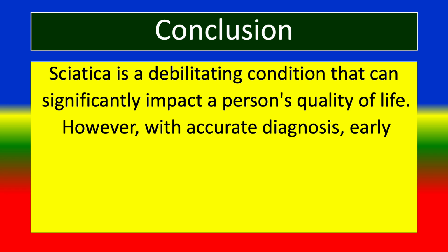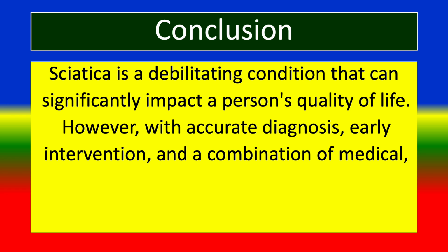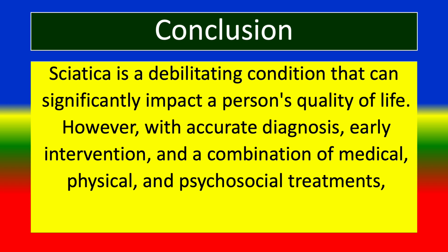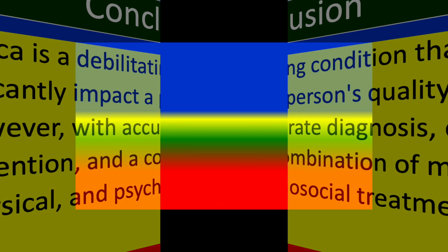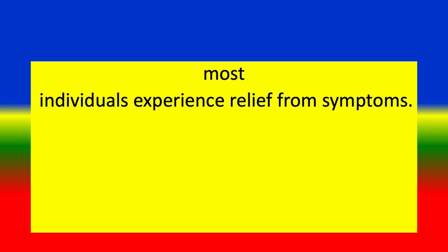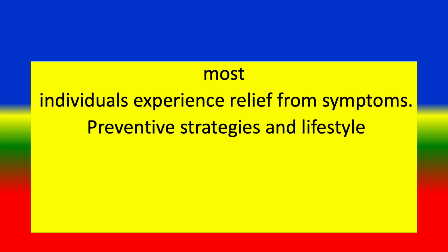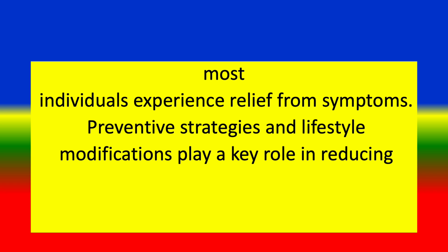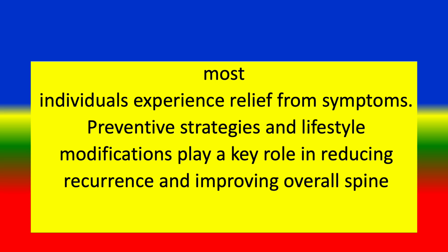However, with accurate diagnosis, early intervention, and a combination of medical, physical, and psychosocial treatments, most individuals experience relief from symptoms. Preventive strategies and lifestyle modifications play a key role in reducing recurrence and improving overall spine health.